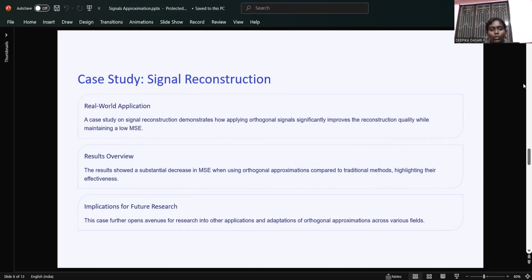The results overview shows a substantial decrease in mean square error when using orthogonal approximations compared to traditional methods, highlighting their effectiveness. And implications for future research: this case further opens avenues for research into other applications and adaptations of orthogonal approximation across various fields.